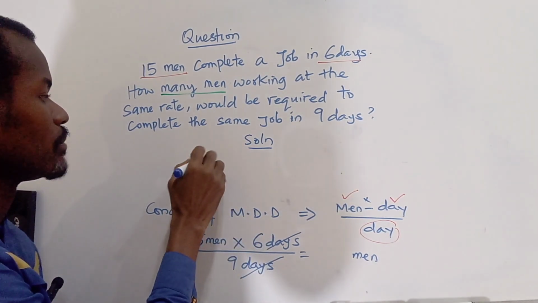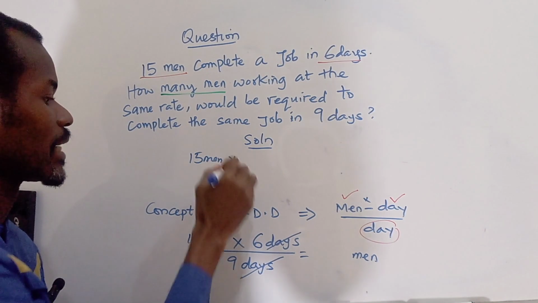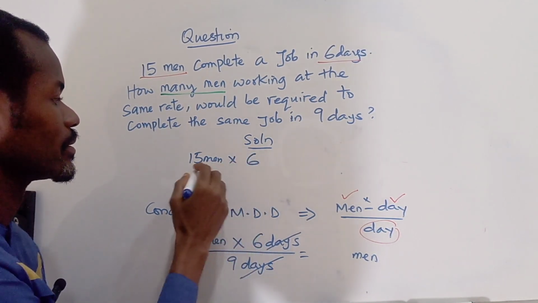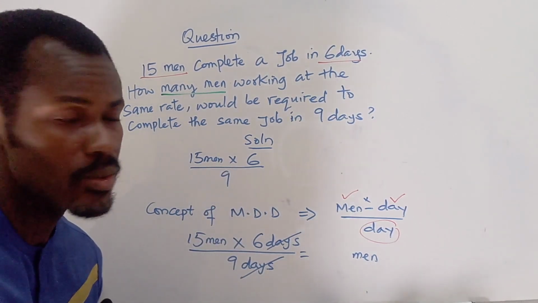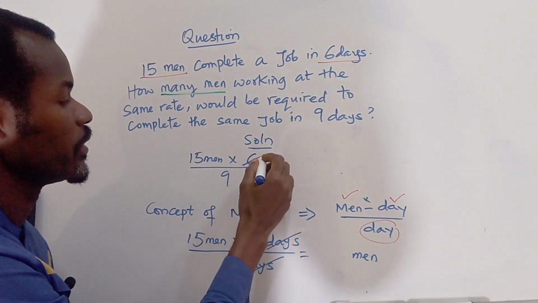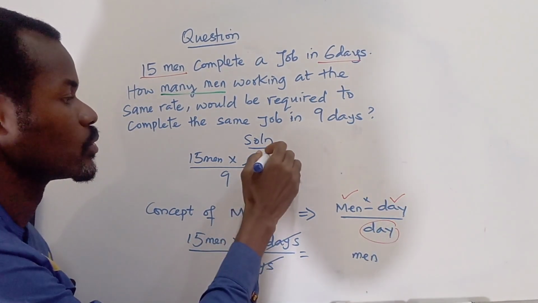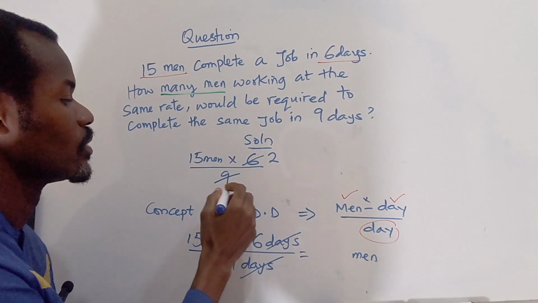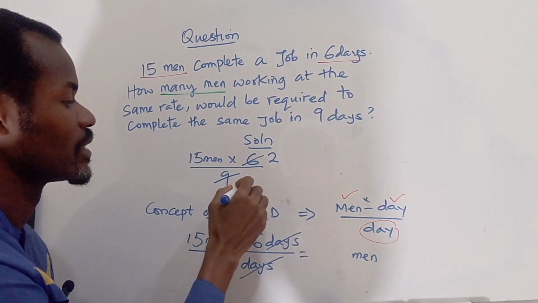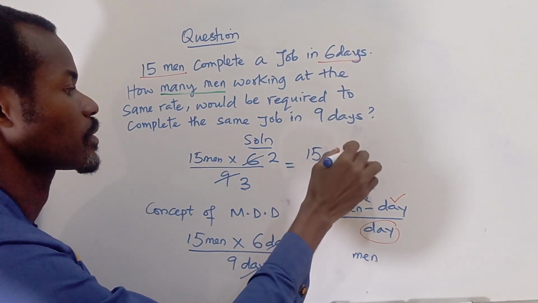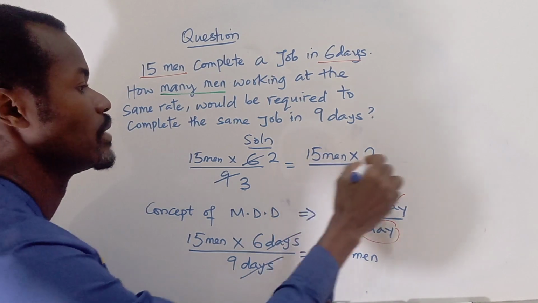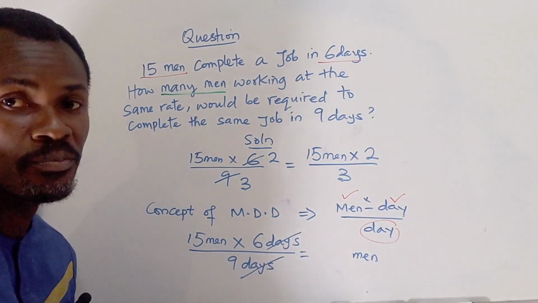So let's work it out. We have 15 men times 6 divided by 9. We can cancel out: 3 can go into 6, 2 times, and 3 can go into 9, 3 times. So we are left with 15 men times 2 divided by 3.